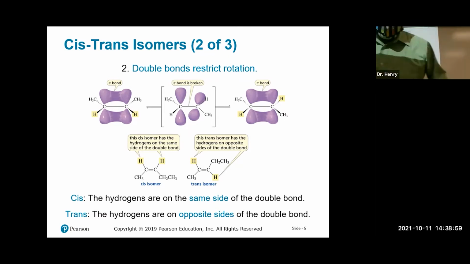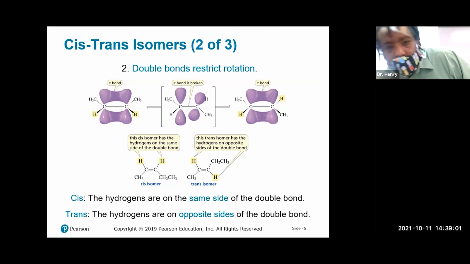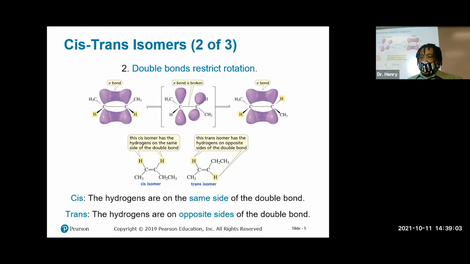Okay, we're going to use the two isomers that are on the screen. Make those with your kits. I mean your models. It really works well with the long ones.